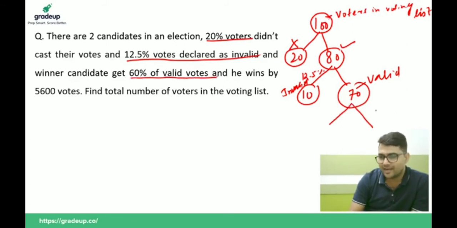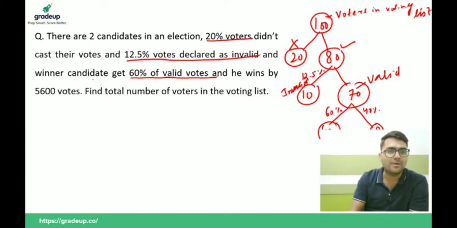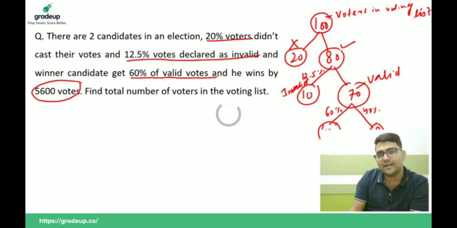Now, the winner candidate gets 60% of the valid votes. This is 42, and the loser gets 40%, that is 28. And he wins by 5,600 votes. Then he wins by how many votes?